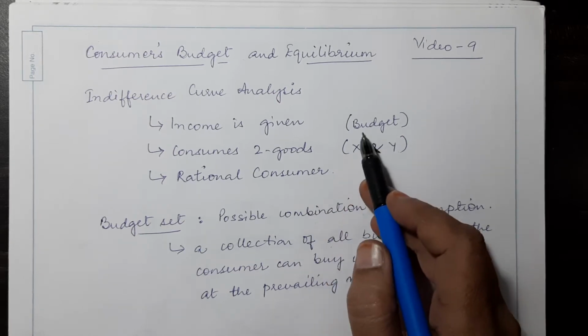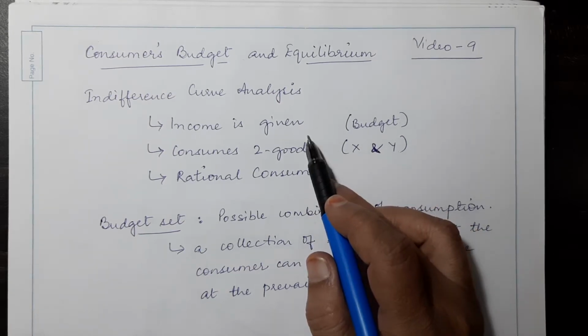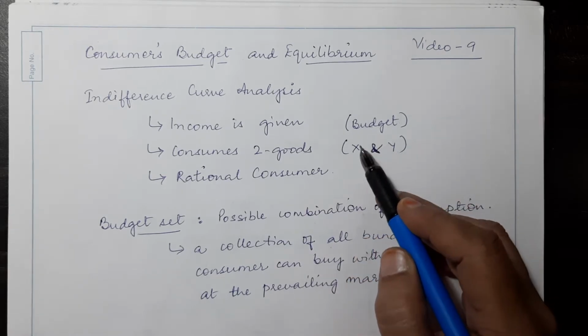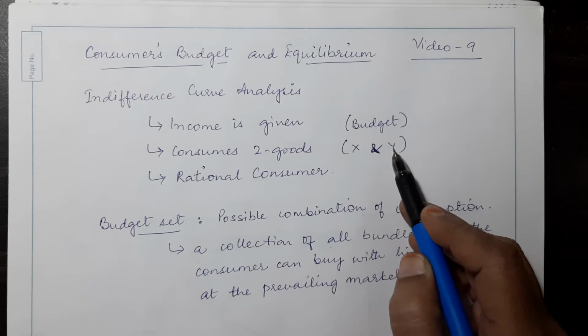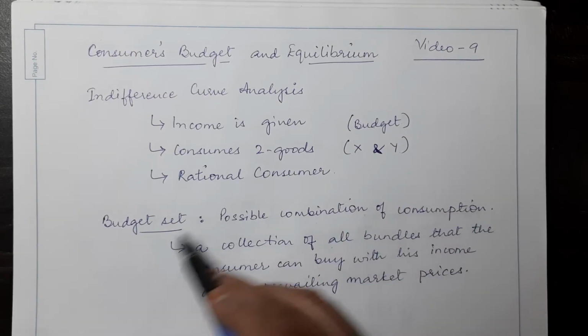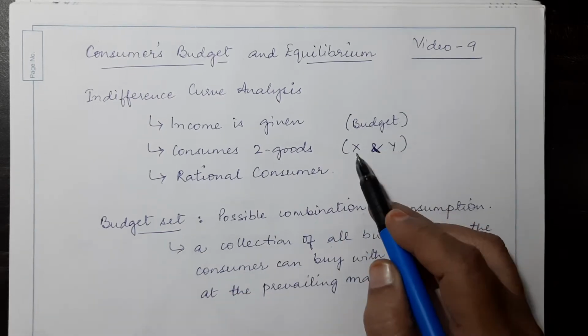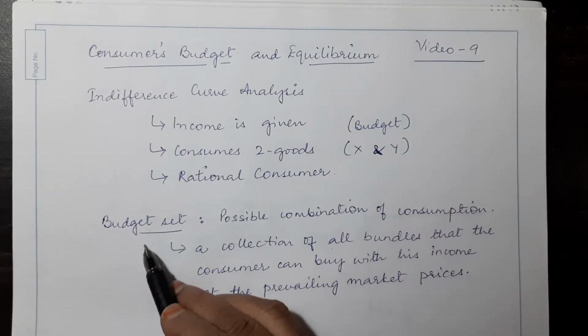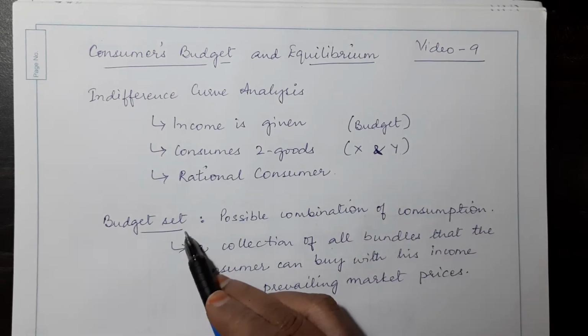Now, here the consumer will allocate his resources or income in such a way that he is able to consume both goods X as well as Y. How many units of X and Y he is going to consume will be given by the budget set.